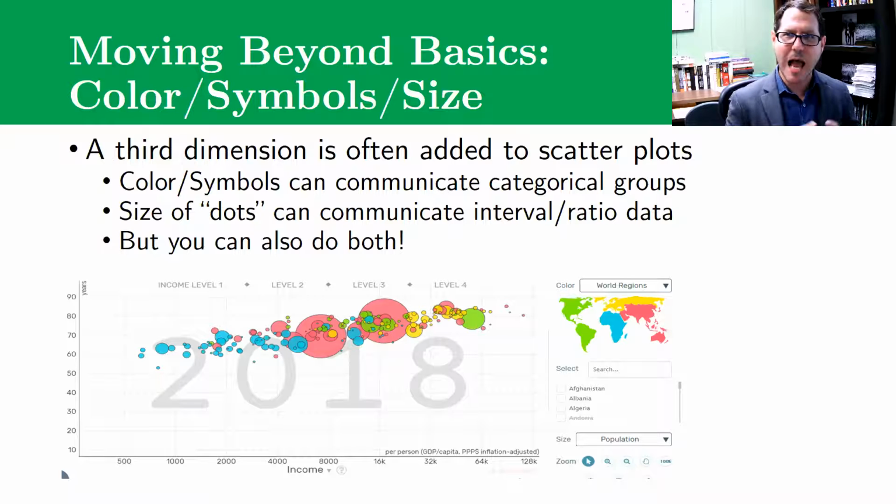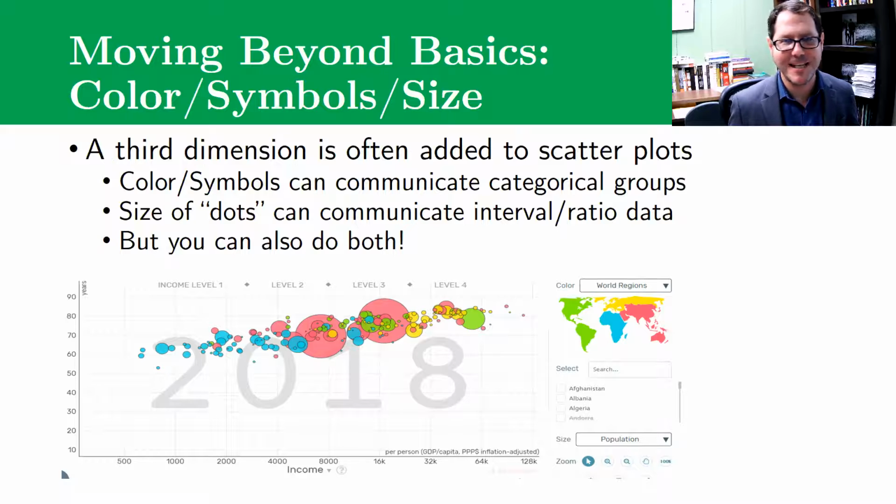We also have the size of the dots, right, which are representing population. And so it's not surprising that the two largest dots here are pink and would correspond with China and India, two most populous countries. And so we're adding in a fourth dimension, not just region and income and age, but also population.